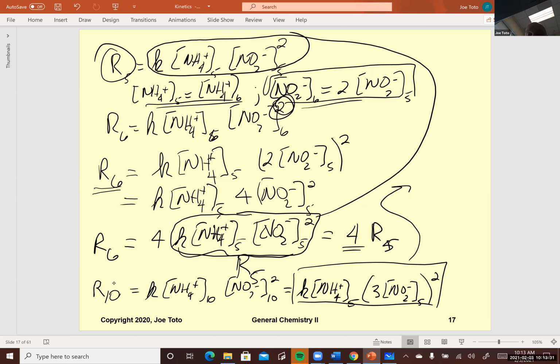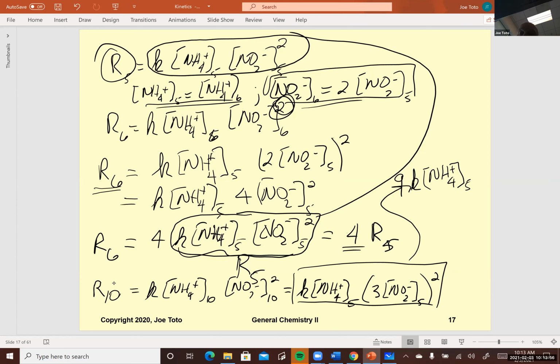Let's go up here with this. So I could rewrite K times ammonium in 5, and 3 squared is 9. I'll put that 9 out here.